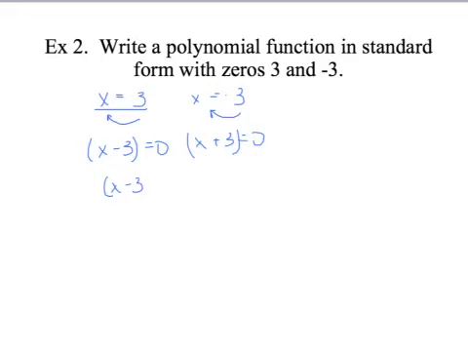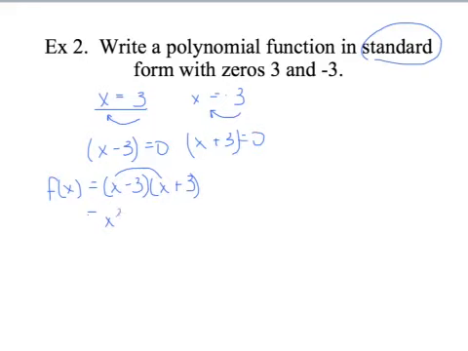x minus 3 times the quantity x plus 3. And I'm going to call this f of x as my function name. I'm not done yet. It does not want it in factor form, but it wants it in standard form. So we're going to multiply these two binomials together.